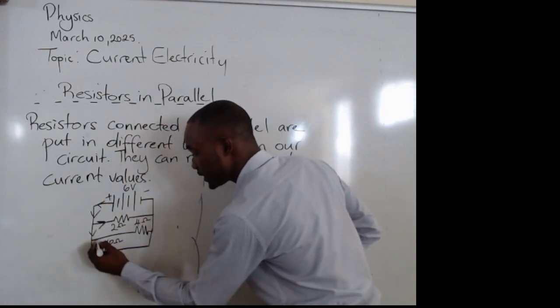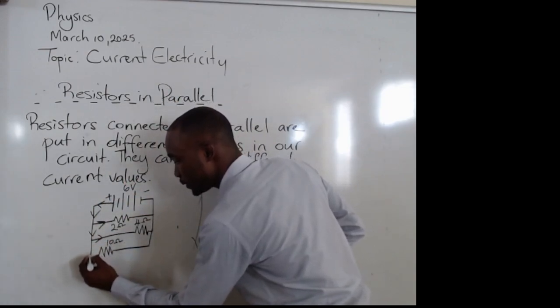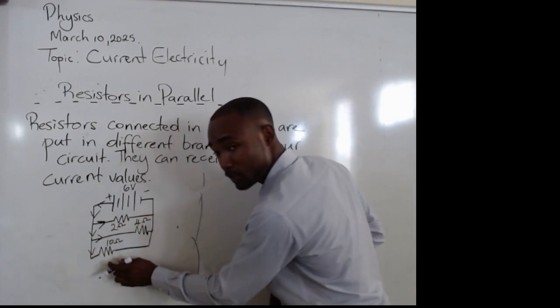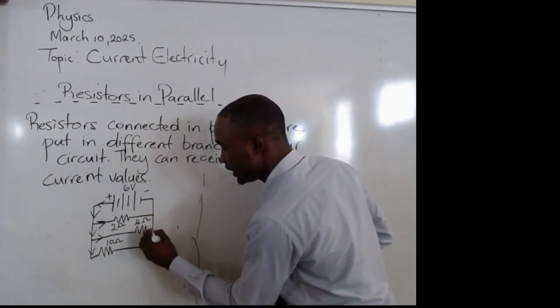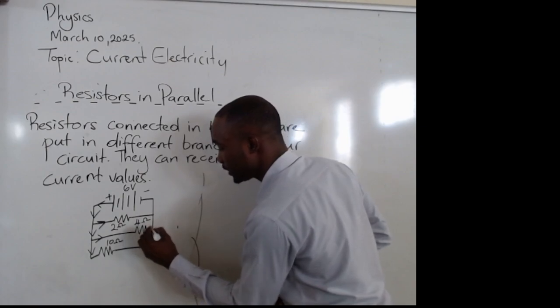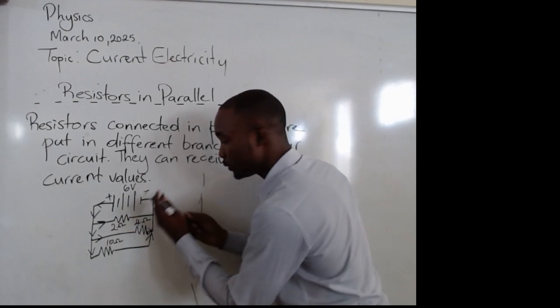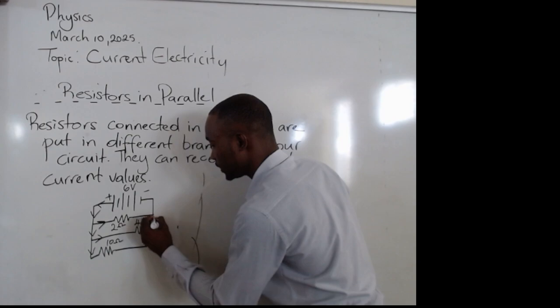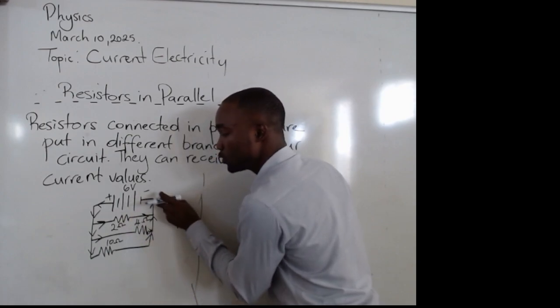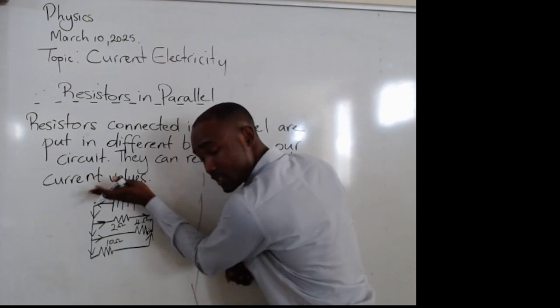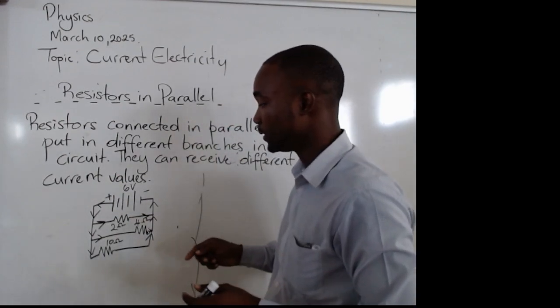Some will go through the second branch, and the rest will go around to the third branch, the third resistor. Now, as they reach the negative side of my circuit, the current will combine at each junction.